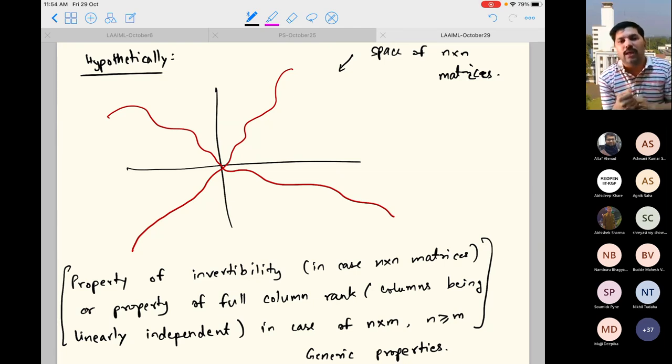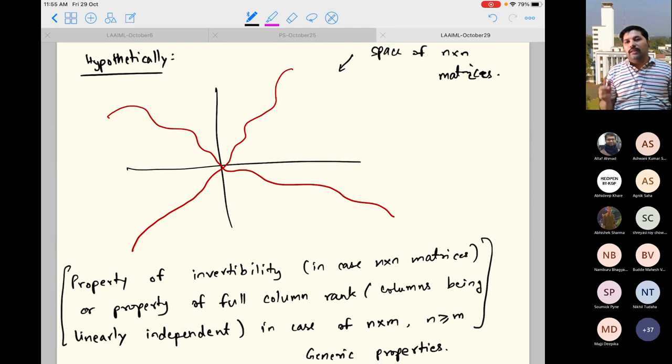So here, if you are looking at a dart game, and you wanted to put a dart on this particular plane where two red lines are given, and you are supposed to hit a red line, only then will you hit the jackpot. You keep on throwing darts, it's highly unlikely that you will hit these lines, right?